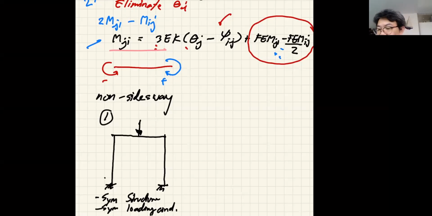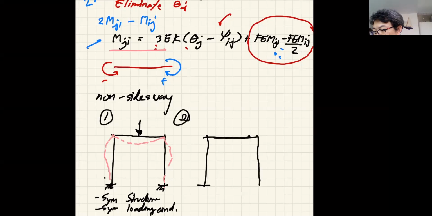There will be no sideway because your frame will just come down like this. Or second, when you have the same frame, but there is some kind of lateral restraint.